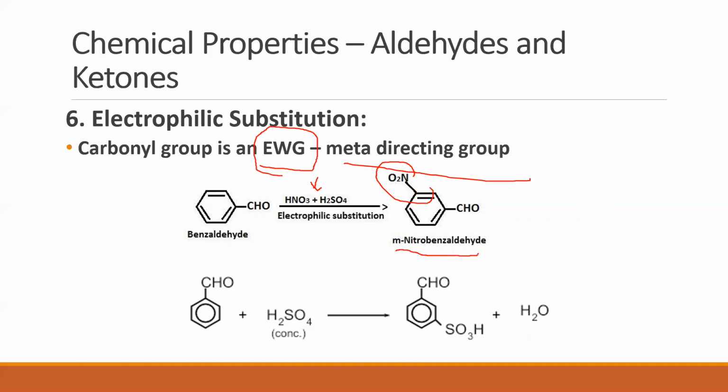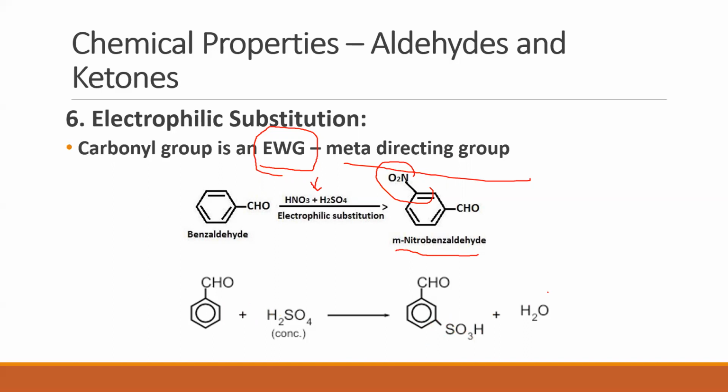So this example is of nitration. I've given you one more example for sulfonation. Sulfonation of benzaldehyde gives us sulfonic acid group attached at the meta position. Clear? This is a clear difference between aldehydes and ketones and haloarenes and phenols.